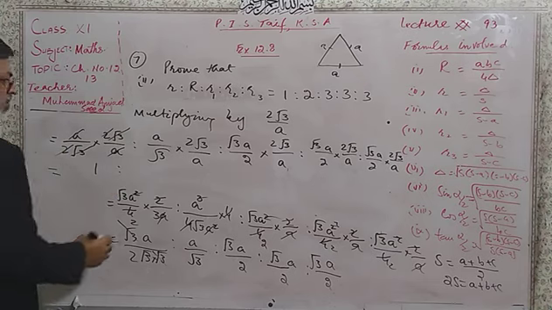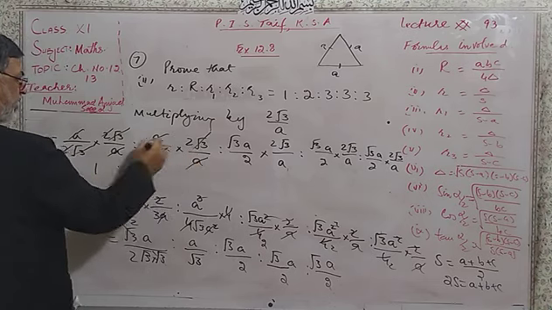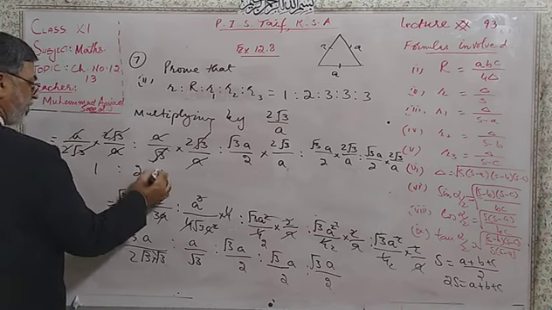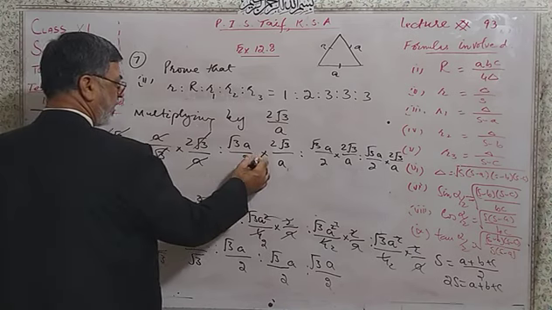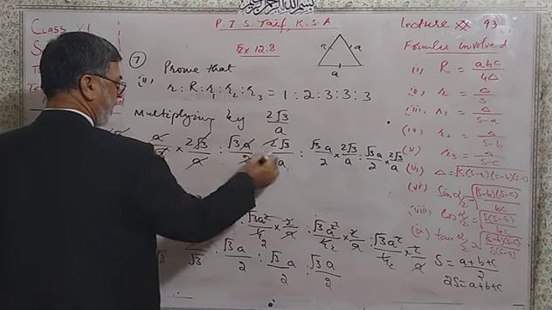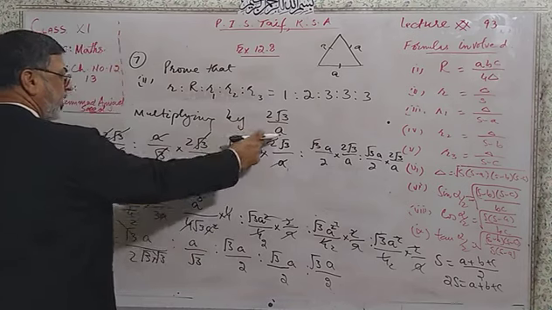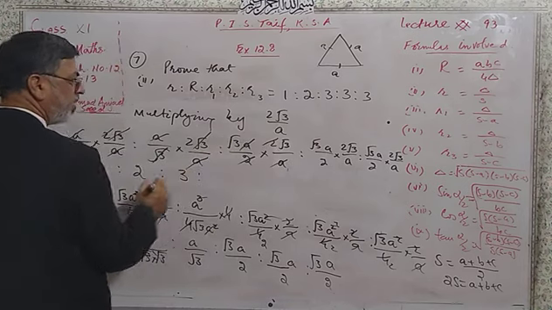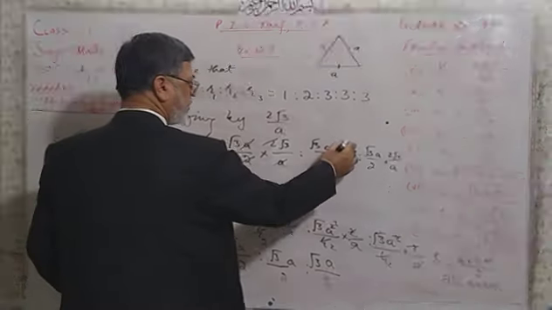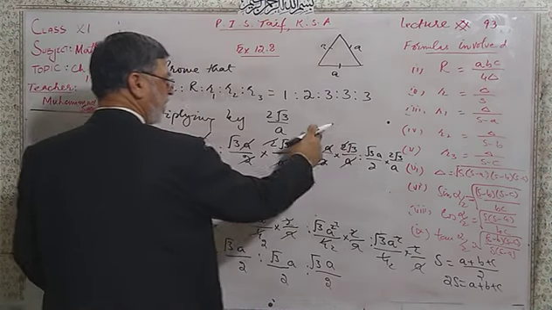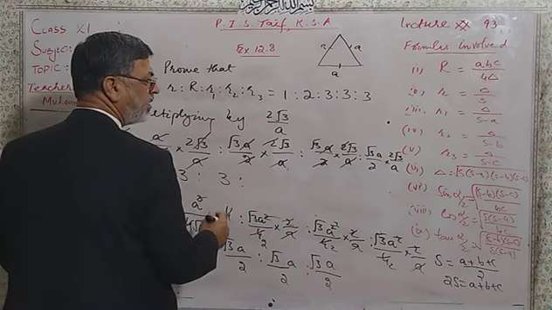We have 1. Root 3 cancelled out, A and A, we have 2... the 2 and 2 cancelled out, A cancelled out, root 3 into root 3 is 3. Similarly, 2 cancelled out, A cancelled out, root 3 into root 3 is 3.